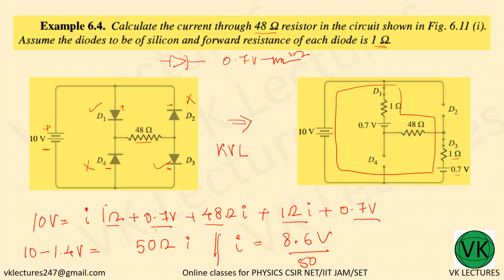Don't do all those calculations with a calculator, just multiply by 2 and divide by 2. You will get 17.2 divided by 100, which is equal to 0.172 ampere. This 0.172 ampere is the current passing through the 48 ohm resistance.